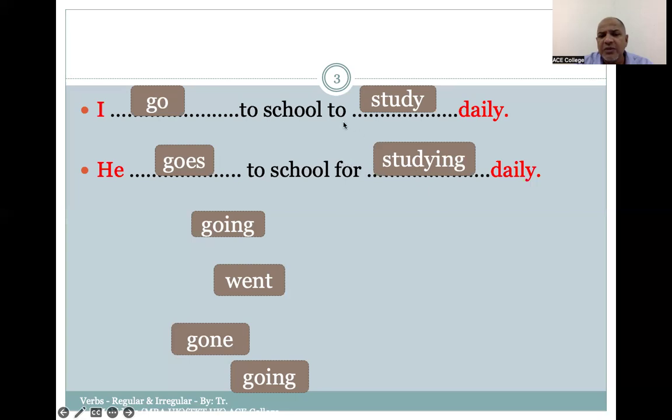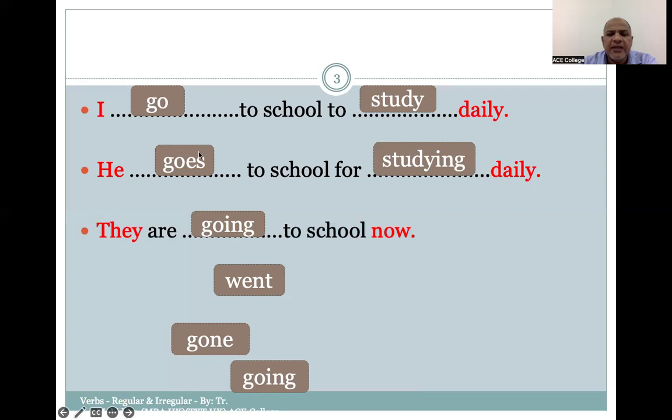So you have to remember to study, for studying. Why do we change only the first form into the second form? This is the first form, this is the second form. Why do we have to change them into second forms? Because he, she is there. If there is he, she, and one person, you have to always bring the second form, the S form.